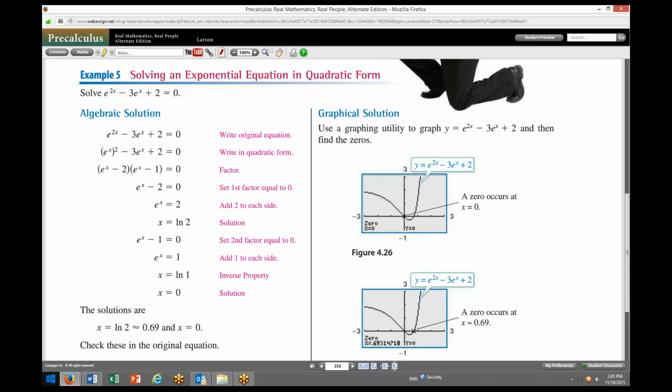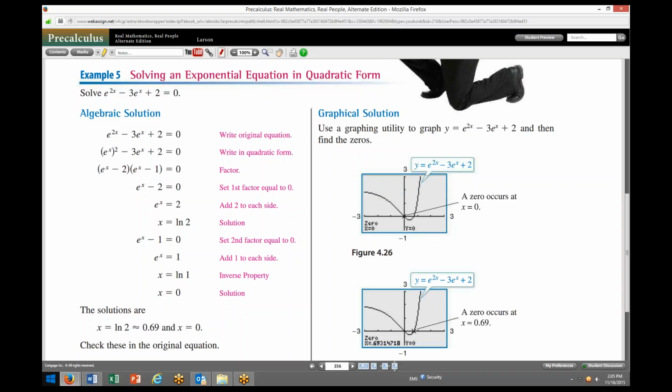E to the x equals 1, that means the natural log of 1 equals x. And so if the natural log of 1 equals x, that means e to the x power equals 1. E to the what power is 1? 0. So x equals 0. So we have two solutions, 0 and natural log of 2.